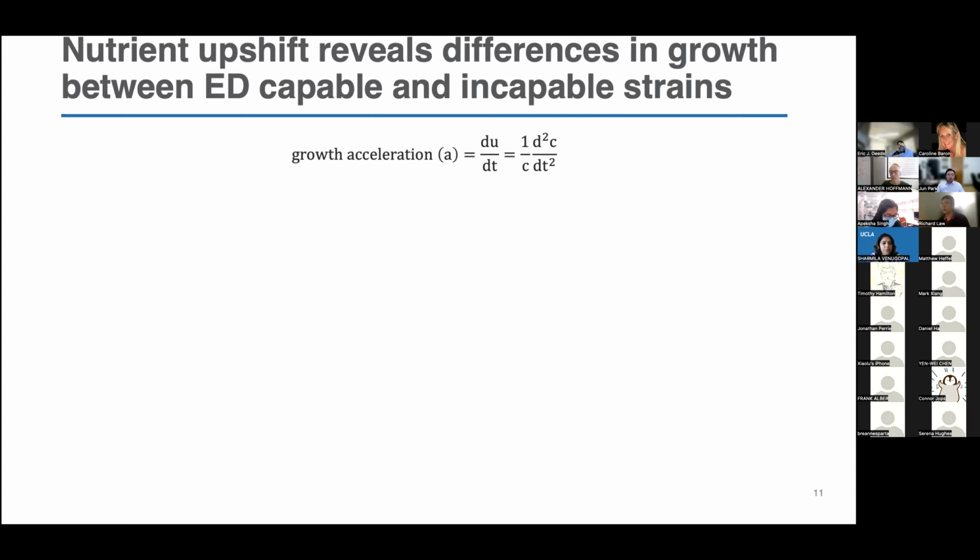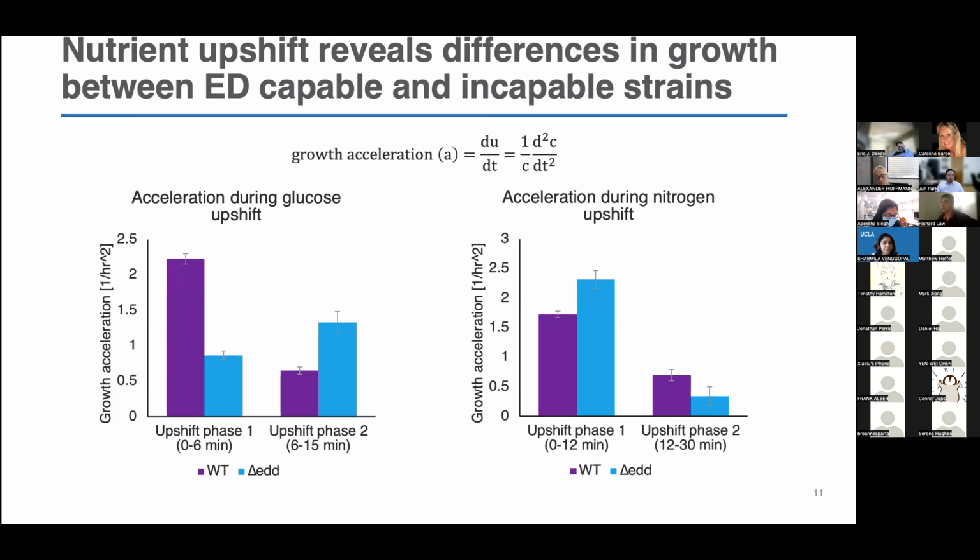And what you can biologically assume this growth acceleration to be is just how quickly can cells adapt to a sudden change in their nutrient environment, and how does that change reflect the metabolism of the cell. And so we quantify these differences, and we notice there to be significant differences in different phases of upshift, depending on whether or not cells possess the ED or EMP pathway. And so this obviously invites us to conduct more explorations on what's happening inside cellular metabolism.